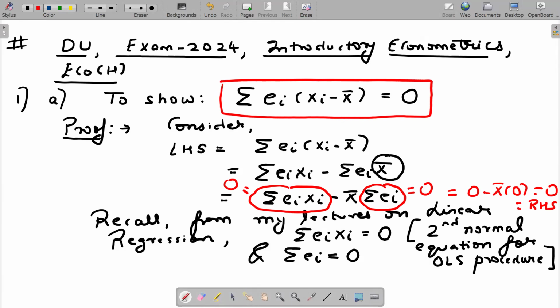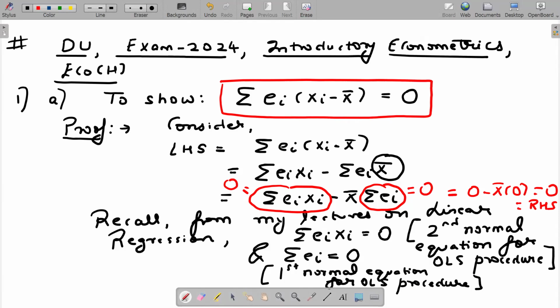Summation ei is equal to 0 from the first normal equation for the OLS procedure. Now, obviously, in this lecture, I'm not conducting the whole OLS procedure. It is meant for all the students who have subscribed to my complete course for Introductory Econometrics.